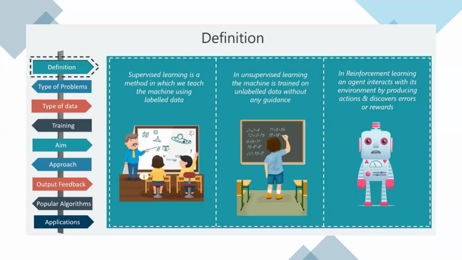In reinforcement learning, an agent interacts with its environment by producing actions and discovers errors or rewards. We have already spoken about that, right? So here, the agent is a person on an island, and the environment is walking towards different directions, based on the rewards or errors. If he sees wild animals in one direction, he will not go further in that direction.